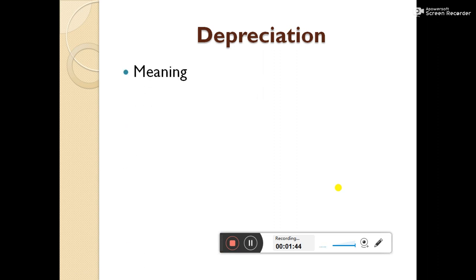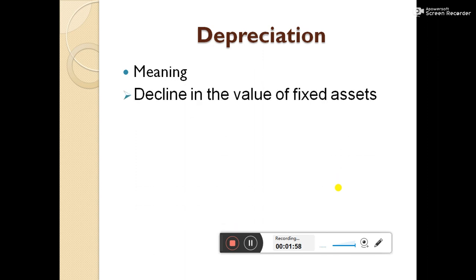Depreciation basically means that the word relates to fixed assets which lose value on account of usage. Therefore, depreciation means decline in the value of an asset on account of use.